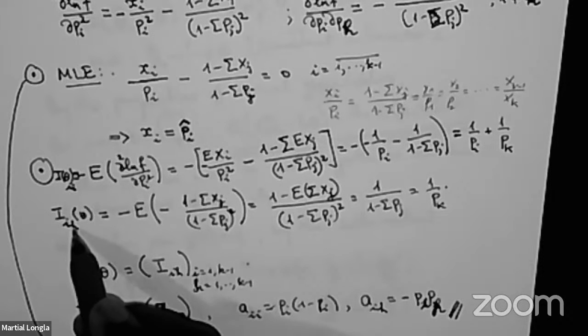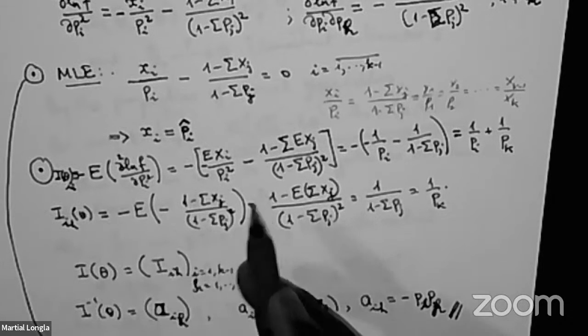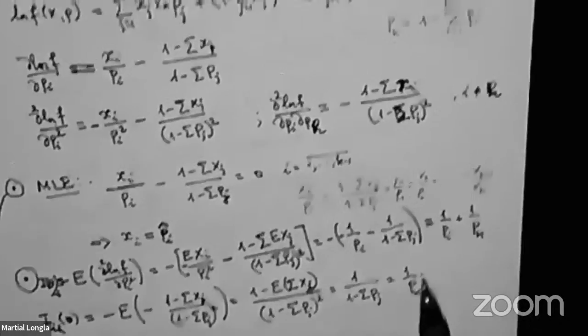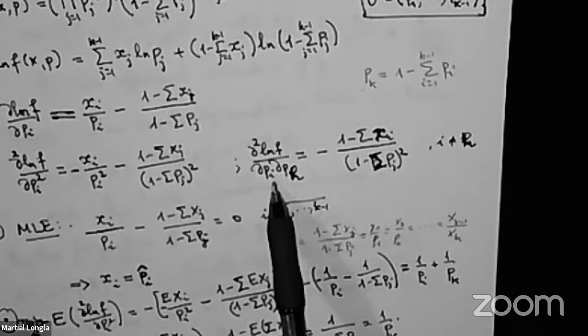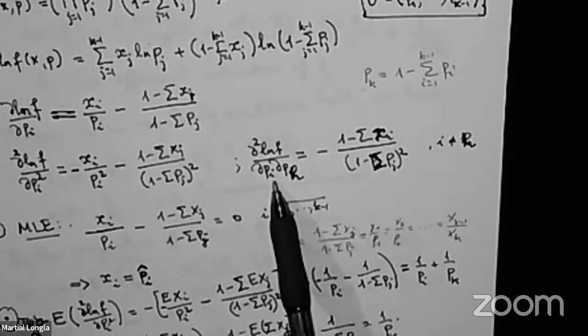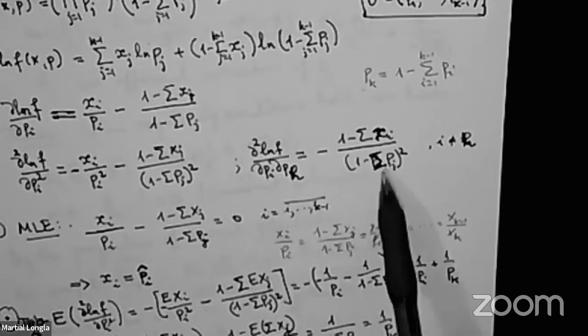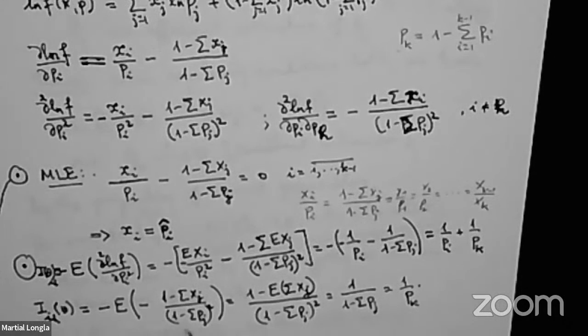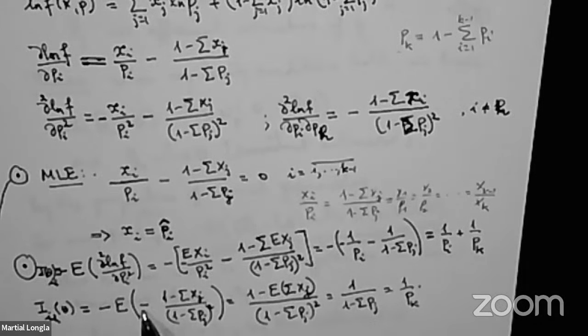Then for the correlations, you would take the derivative with respect to i and then the derivative with respect to h, which is this derivative. We take it into the formula to find the negative expected value of that.